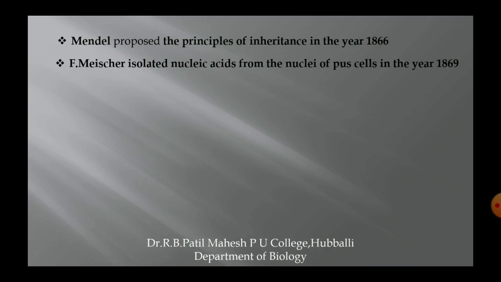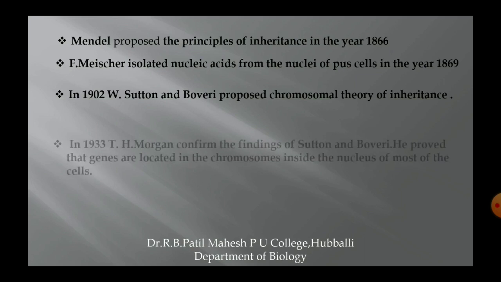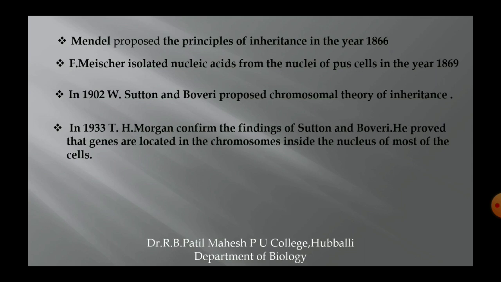In the year 1902, Walter Sutton and Theodore Boveri proposed the chromosomal theory of inheritance, whereas in the year 1933 Thomas Hunt Morgan confirmed the findings of Sutton and Boveri, and he proved that genes are located in the chromosomes present inside the nucleus of most of the cells.